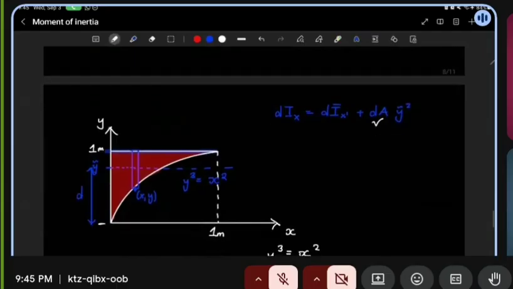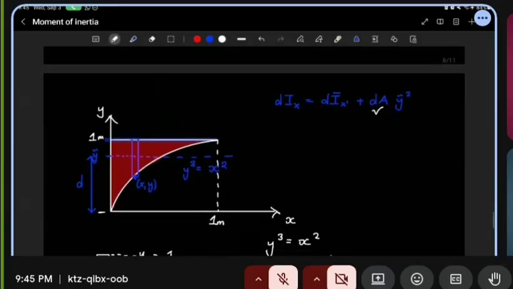Next, what is going to be our y tilde? We now want to find what our y tilde is going to be. So observe that y tilde is not fixed. y tilde will depend on which section we are currently at.